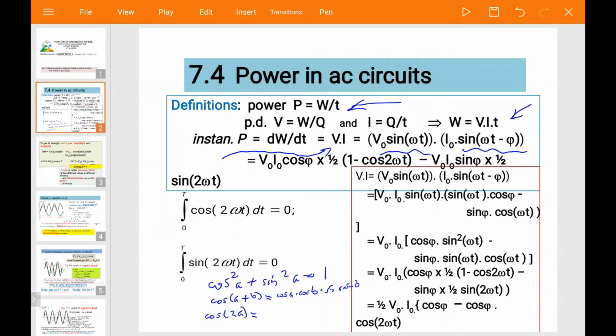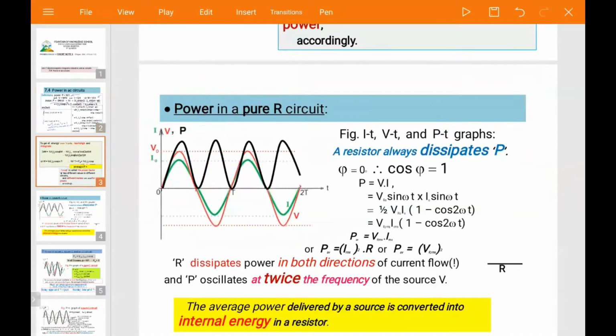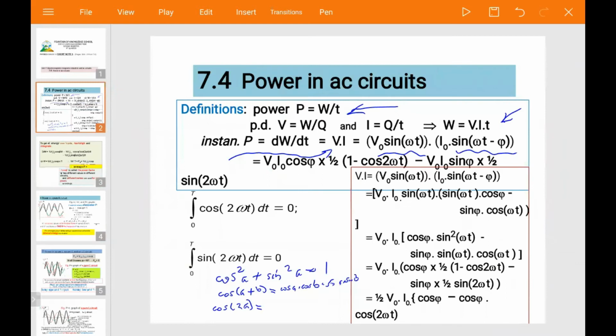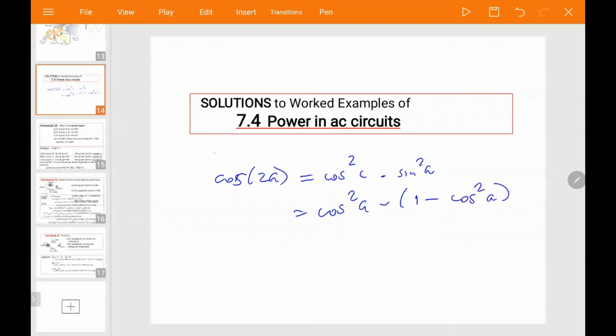From cos squared A plus sine squared A equal to 1, you have sine squared A is equal to 1 minus cos squared A. So if you substitute that, cos of 2A is equal to cos squared A minus sine squared A, which equals cos squared A minus (1 minus cos squared A), because you remember cos squared A plus sine squared A is equal to 1.